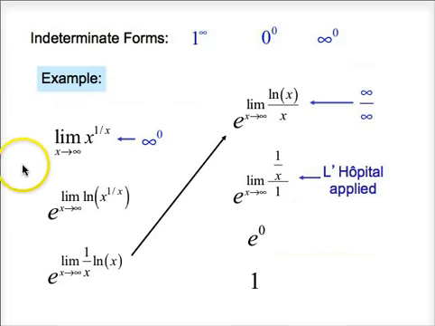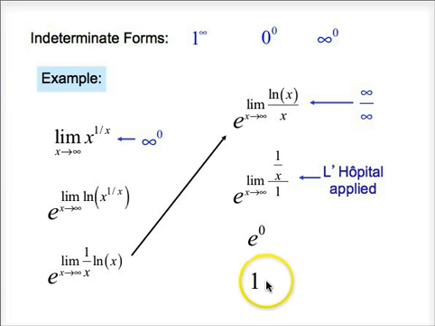So here is that exact same problem that I did the long way, or actually the step-by-step way, and here's the other way of doing it. So we start off with the same function, and it's infinity to the 0. And what they did is they raised it to the natural log and to the e simultaneously because they undo each other, and went through and used the log rules to pull down the 1 over x, then wrote it as a fraction, took a derivative, and evaluated.